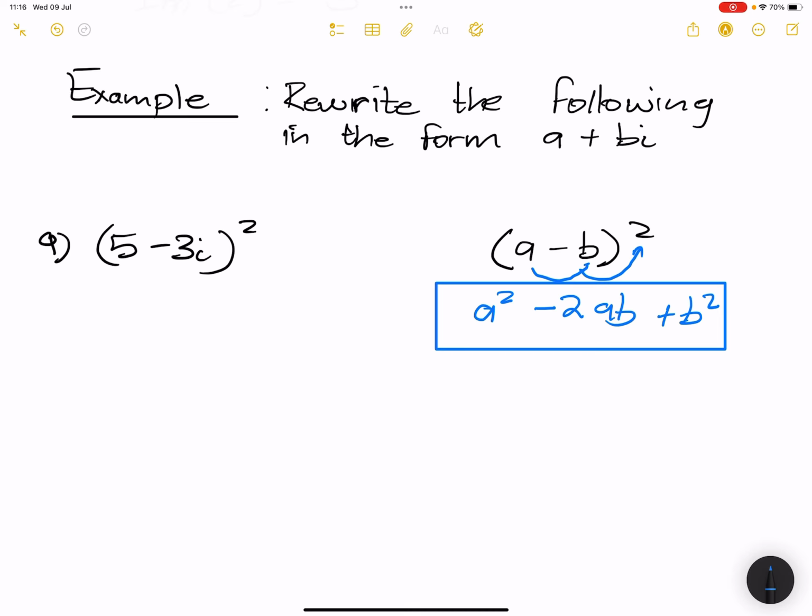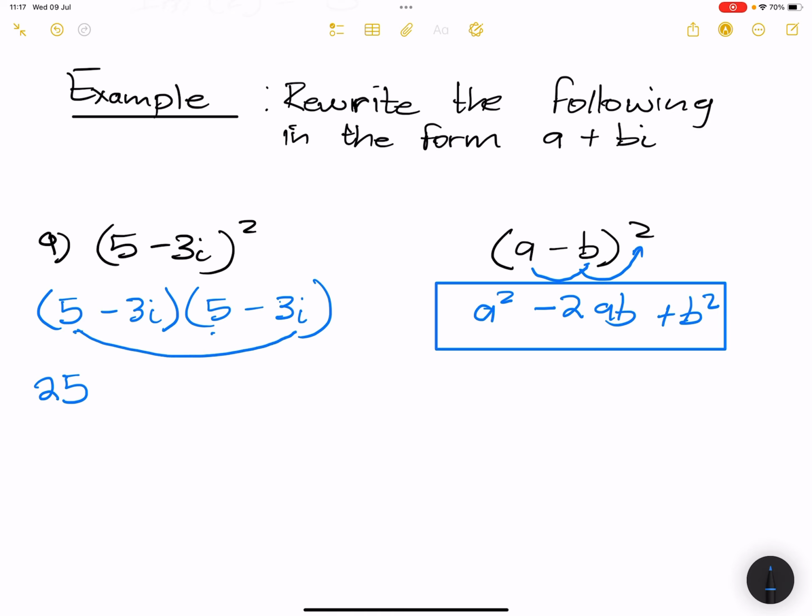So let's have a look at this. We can use the long method. So this becomes 5 minus 3i times 5 minus 3i. With the FOIL method, first: 5 times 5, that's 25. Outer: 5 times negative 3, that's negative 15i.